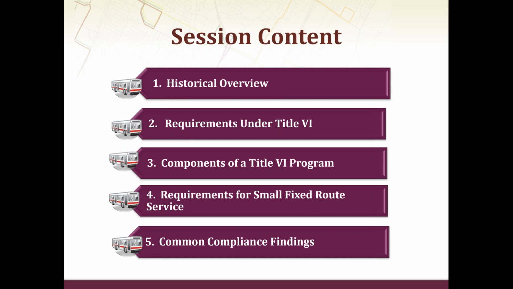And in addition, because we do state management reviews, we know what types of oversight have to be conducted by the states of their 5310, 5311, 5307 subrecipients to ensure that the state doesn't get dinged when they have their state management review. So we'll go through each of these areas, and I hope you find it valuable.